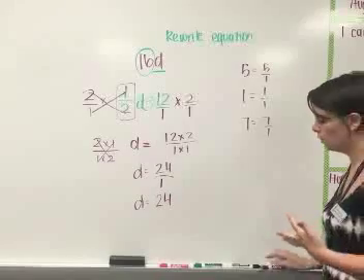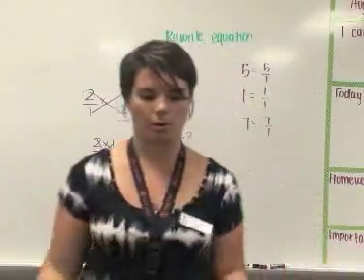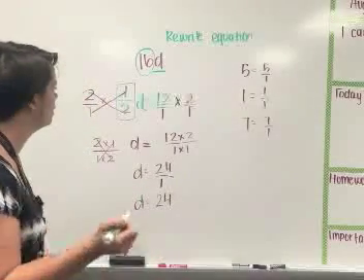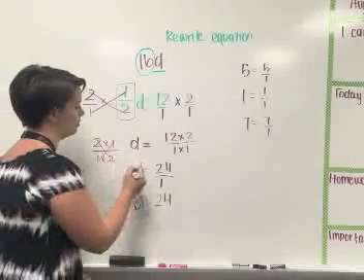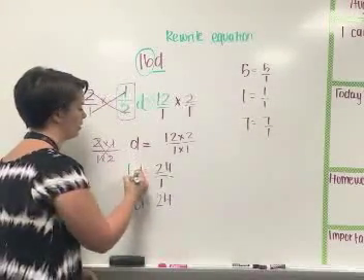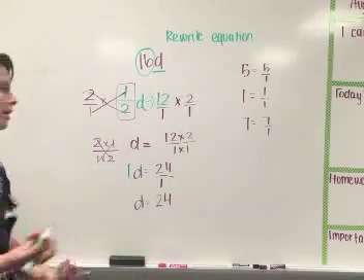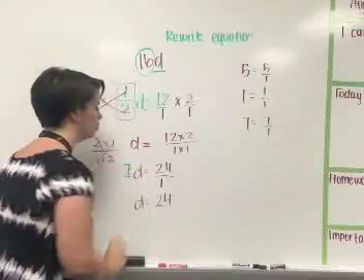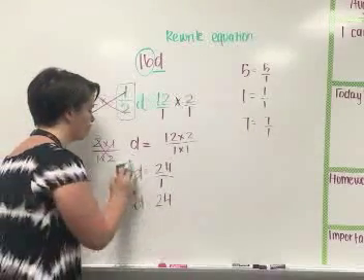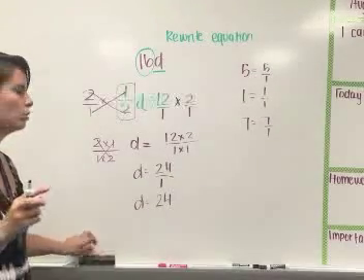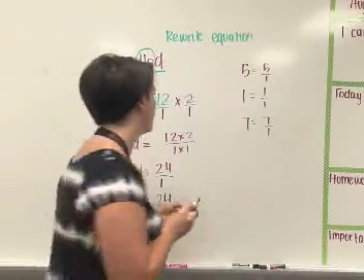Now, when we're talking about coefficients, something you want to remember. If you just have D, there's always an invisible 1 in front of it, okay? If you just have D, you just have 1D. If I have 2, I have 2D, right? But if there's no number in front of it, it's an invisible 1. It's just 1D on its own equals 24, okay?